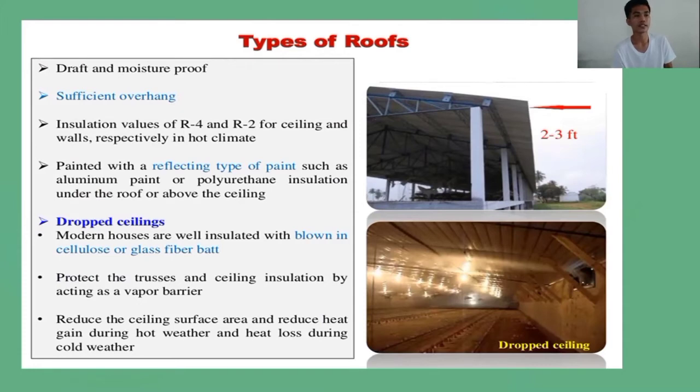Drop ceilings. Modern houses are well insulated with blown-in cellulose or glass fiber batt. Protect the trusses and ceiling insulation by acting as a vapor barrier. Reduce the ceiling surface area and reduce heat gain during hot weather and heat loss during cold weather.